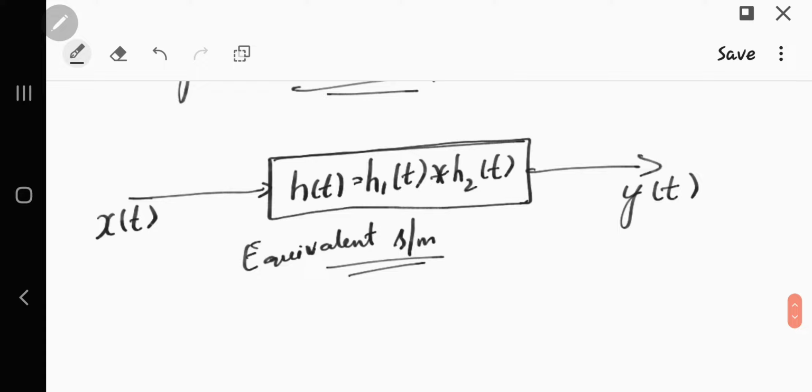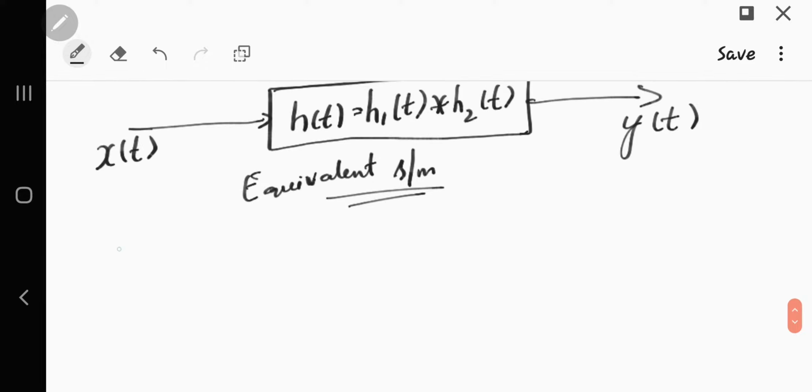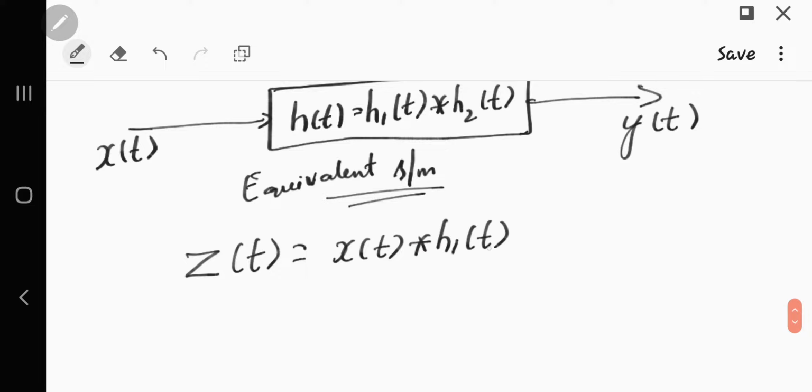Okay. So now we go further here. If you see this, z of t is equal to x of t convolved with h1 of t. Why are we moving further? Because we have not yet come to the conclusion of which property this system will possess.